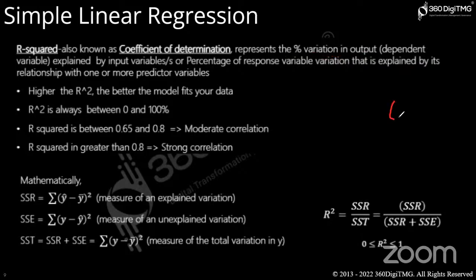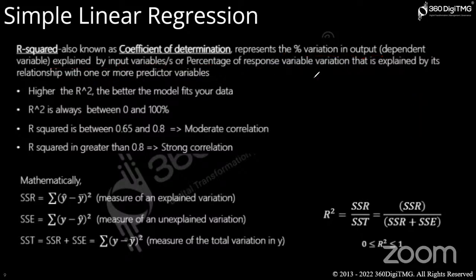not in our label column. So the percentage of variation in output, that is the dependent variable, is explained by the independent variables, also called input variables, or the percentage of response variable variation that is explained by its relation with one or more predictor variables. When you have just one input, what is it?